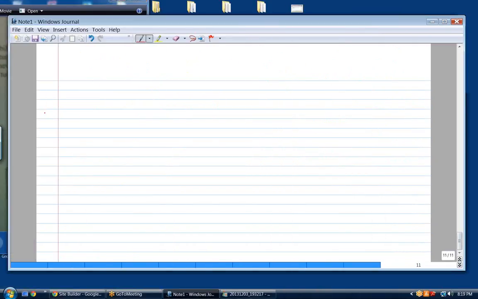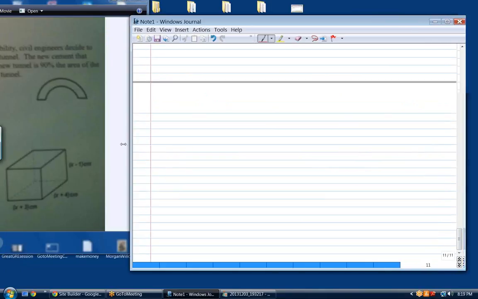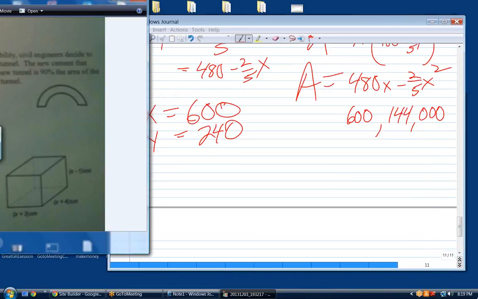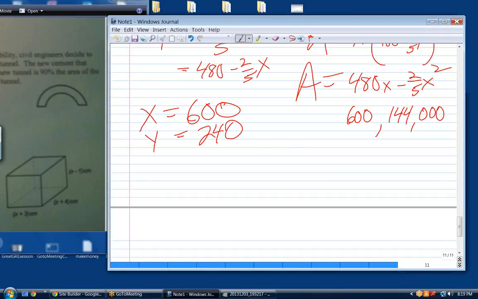So, we know the surface area, right? We don't know the surface area, but we know the dimensions of each side. What is the volume equal to? Width, length, and height.